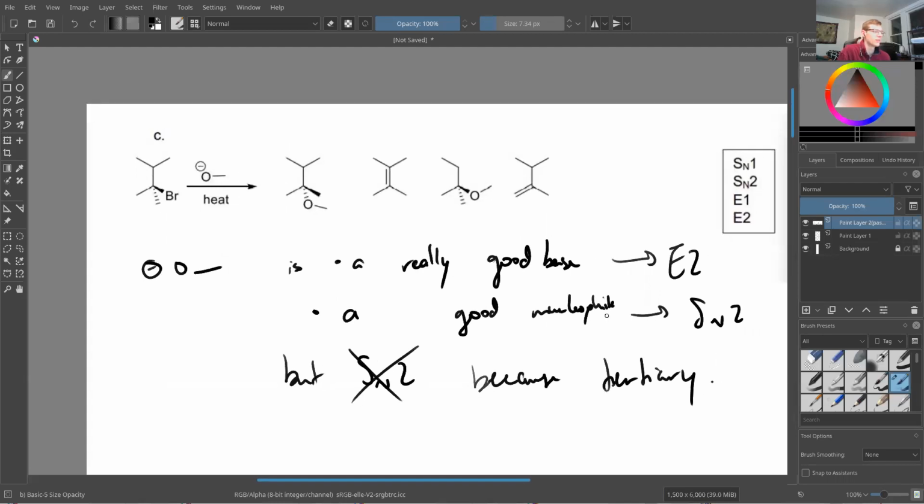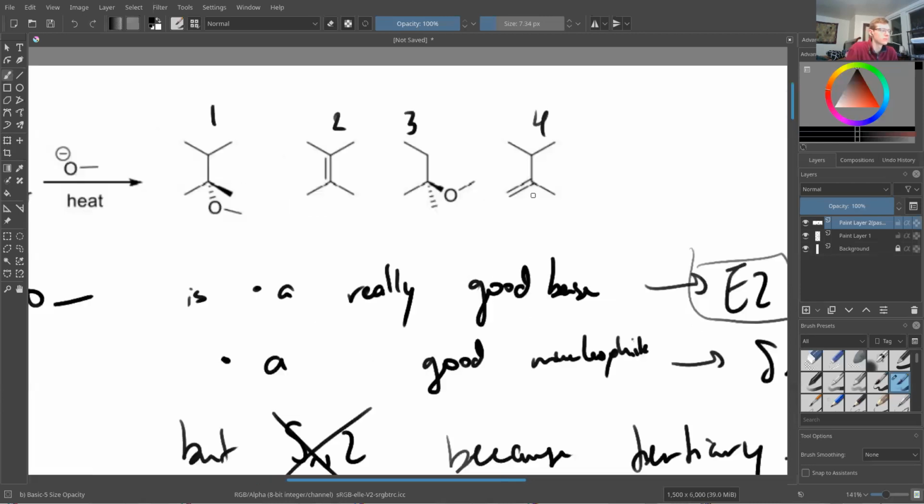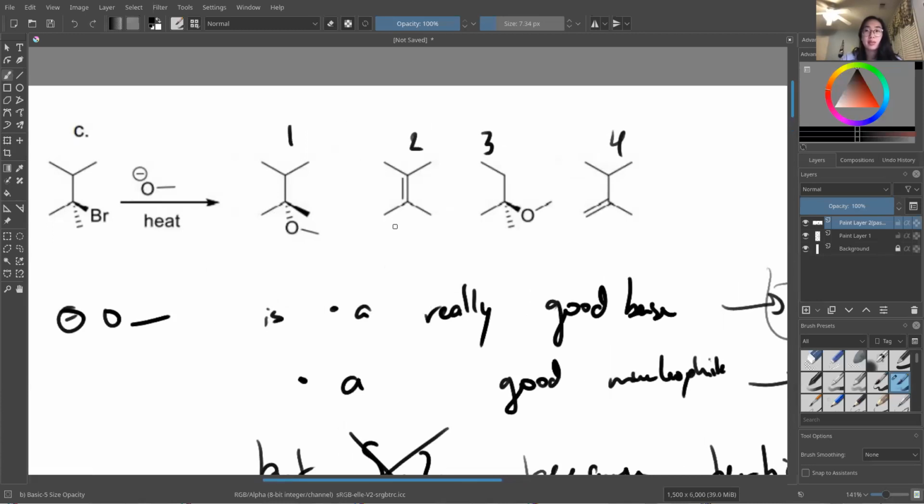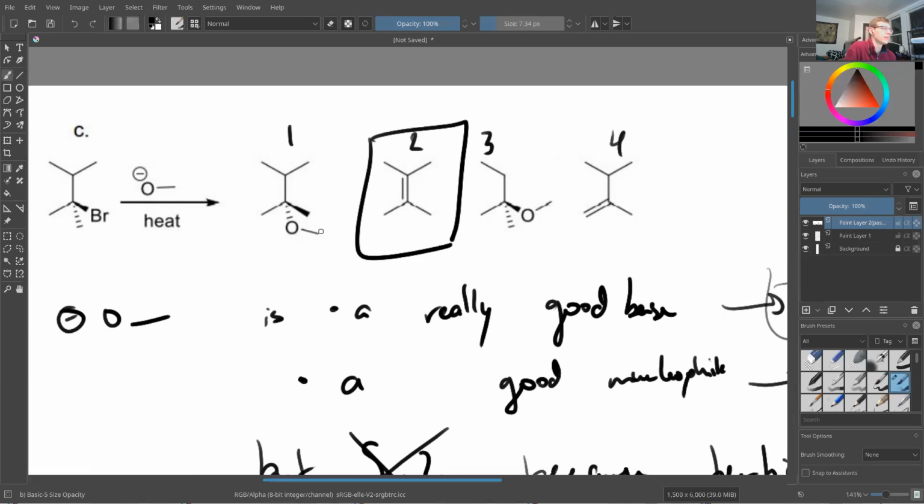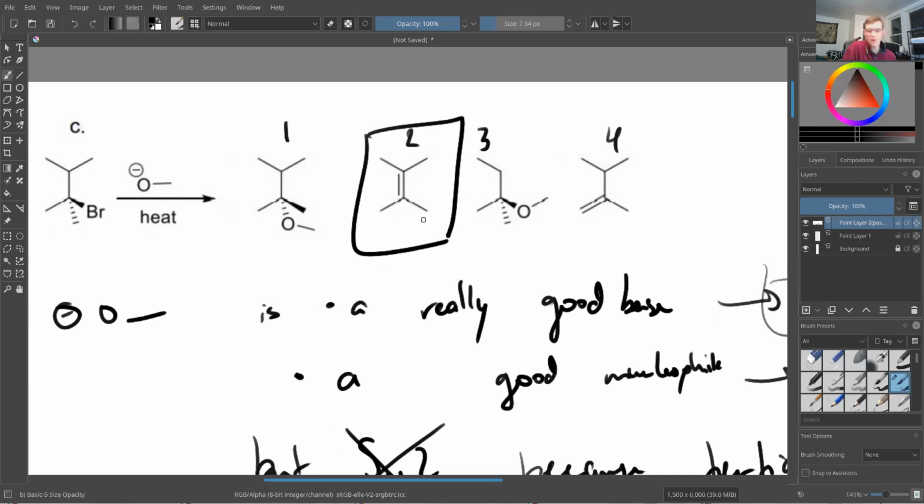All right. So instead, what do we get? We get E2, right? Okay, so let's circle E2. We know we're going to get that. Which of these are E2 products? Two and four. Yeah. And it's a small base, so it would just be the Zaitsev product, which is two. Exactly. You're right. So this is the product that we're forming.